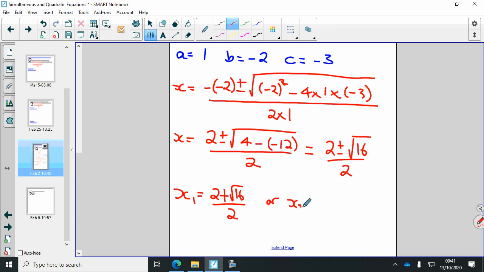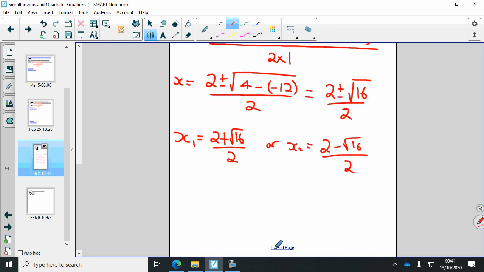Or x2 is equal to 2 minus the square root of 16 over 2. And from there, we get x1 is equal to 3, or x2 is equal to minus 1. That's our two answers for x.